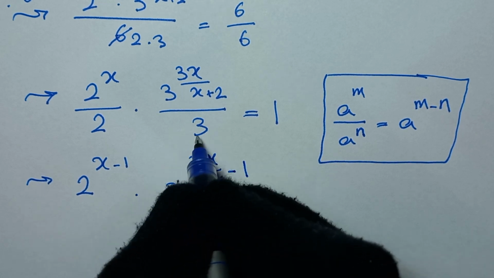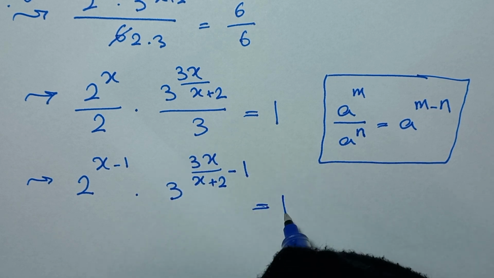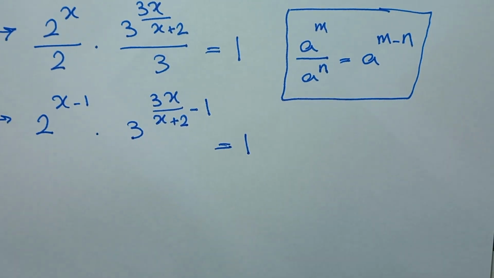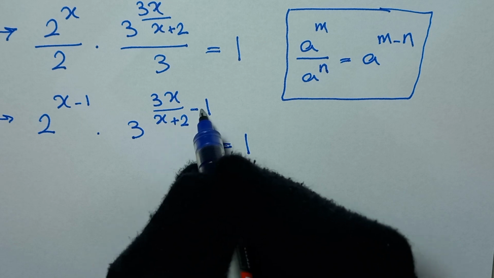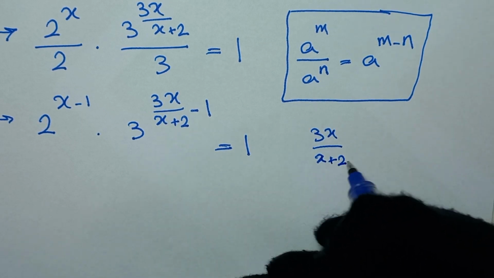In here we have 3 to power of 1. So, is equal to 1. And here we have 3x over x plus 2 minus 1. We write in here 3x over x plus 2 minus 1.